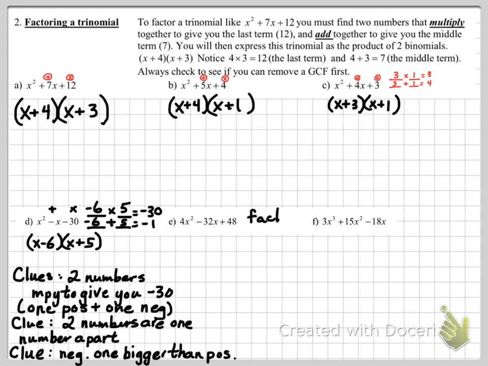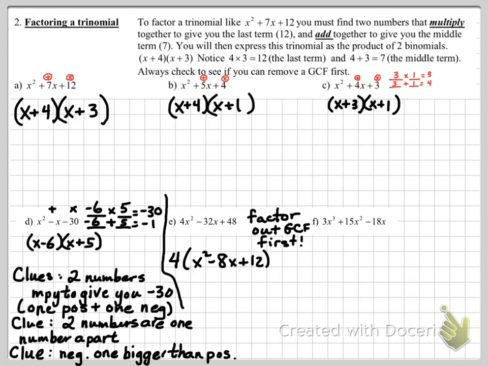In the next one, I start out with 4x squared minus 32x plus 48. 4x squared, that's big. Let's see if I can factor 4 or something else even more out of it. So let's look and see if I can factor out a GCF first. And I can. I can divide all of these terms by 4. So I can express this as 4 times x squared minus 8x plus 12.